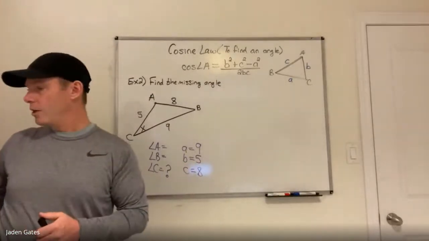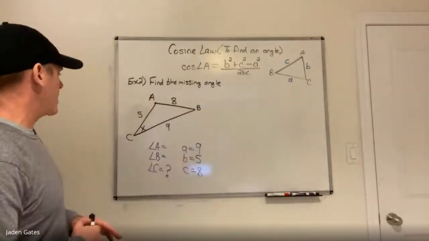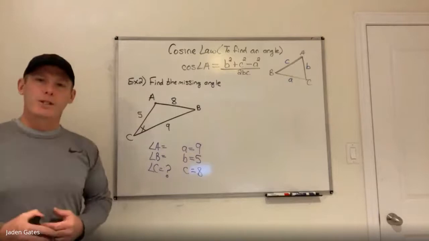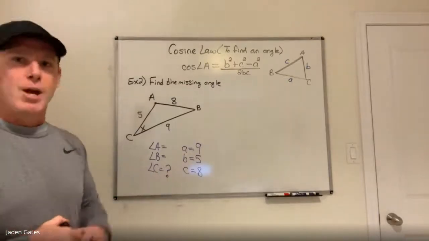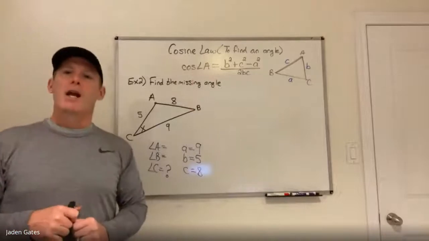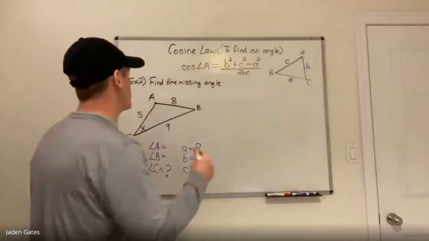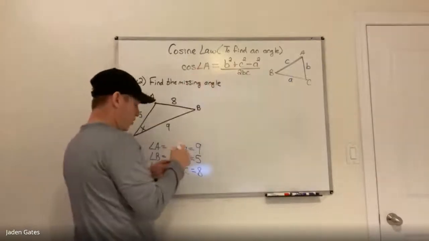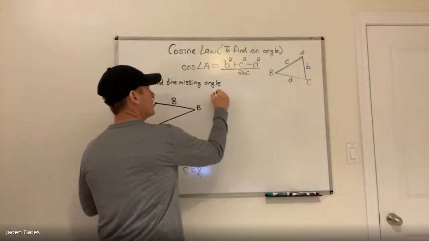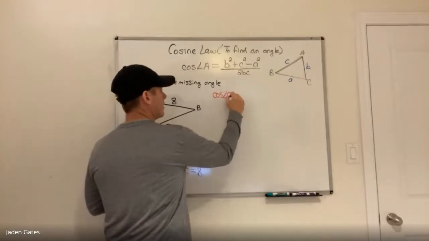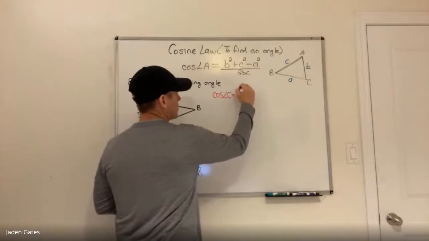And so now, that's why I would be using this cosine law. But now again, I'm going to rewrite this formula because I'm looking for angle C this time. So I'm going to take my formula and switch A's and C's. Instead of cosine angle A, I'm going to write cosine angle C because that's what I'm looking for. B's, I'm not switching at all, so that's a B squared there.